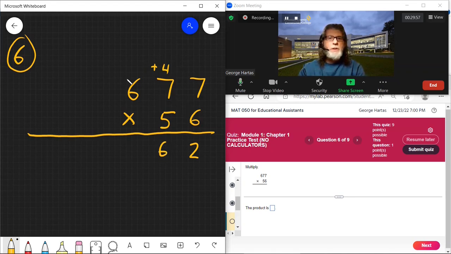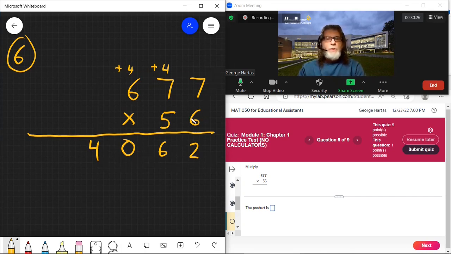Right-hand digit, left-hand digit. Then we say 6 times 6, which is 36. 36 plus 4 is 40. Right-hand digit, left-hand digit. Notice how each column is perfectly straight up and down and vertical. I recommend you definitely do that. That way everything stays in line.